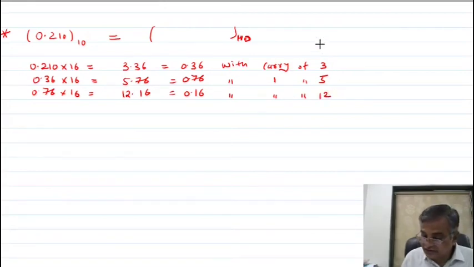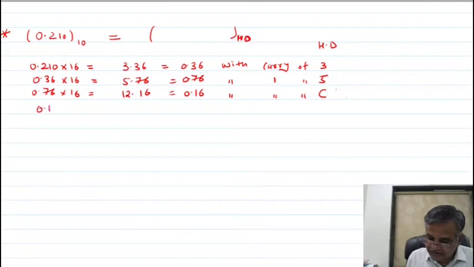But this is a hexadecimal number, so I cannot write 12. I have to write it as C. So in hexadecimal number 12 is written as C, remember. So with a carry of 12 means it is a C.